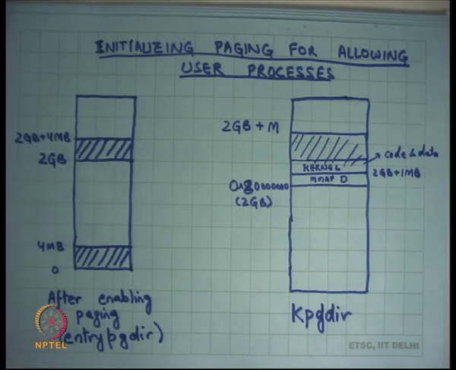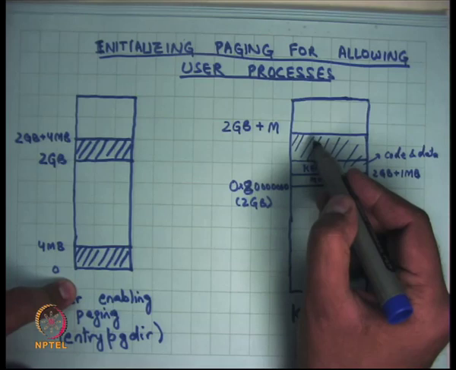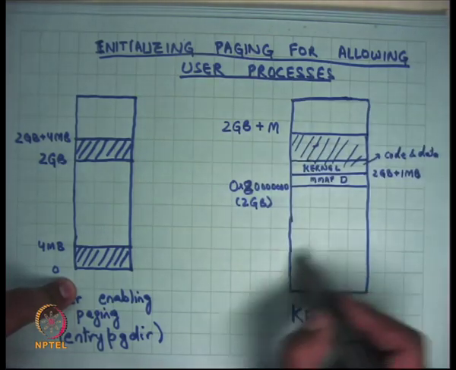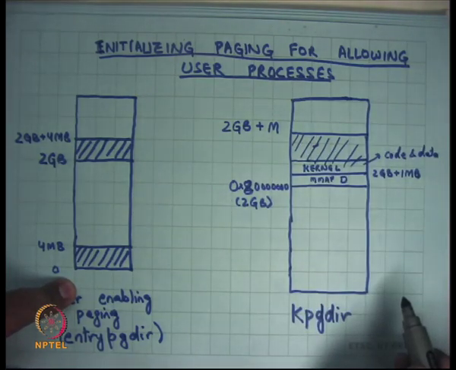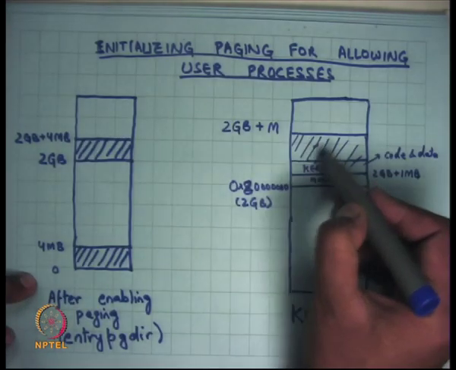Also this is the place where you are going to allocate memory for data structures like process control blocks, and most importantly this is the space from where you are going to allocate memory for the user processes themselves. So what you are going to do is say kalloc, get some page, and create a mapping in this area for that. You basically allocate some page here.